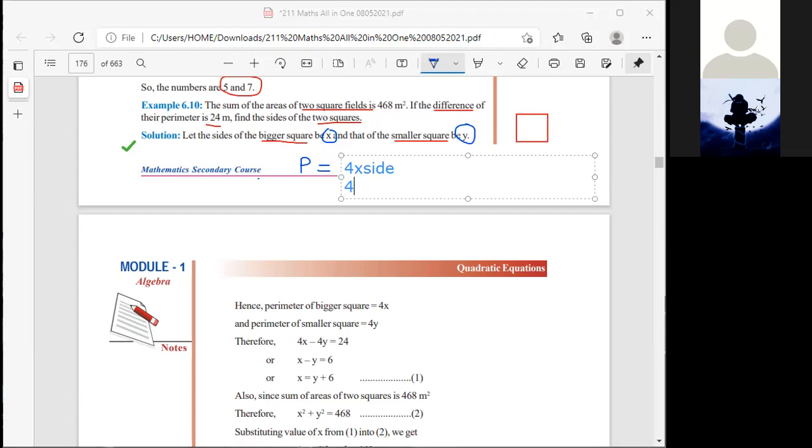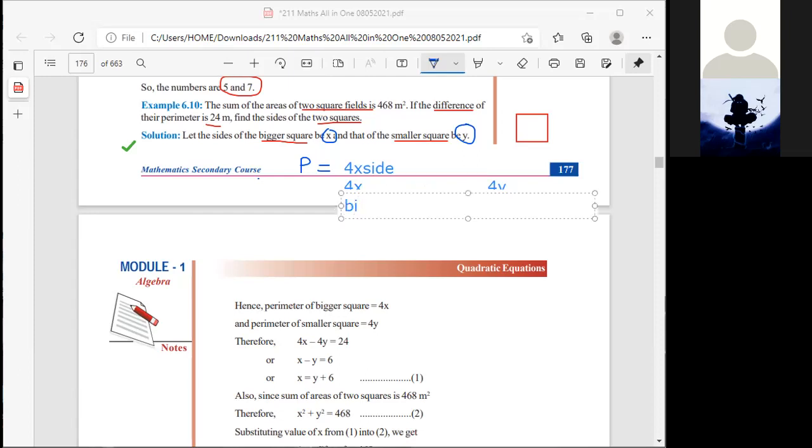So if I say perimeter of the bigger square, will I say 4x? And if I talk about the perimeter of the smaller square, can I say 4y? Yes. This is for the bigger square and this is for the smaller square. Do you agree?